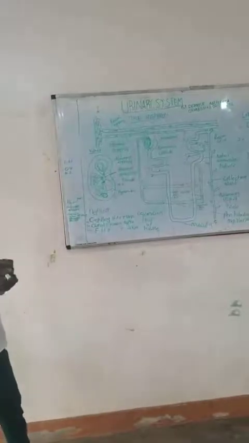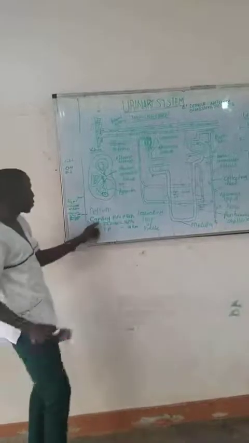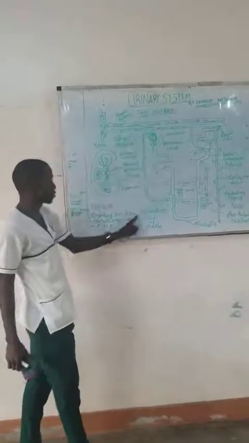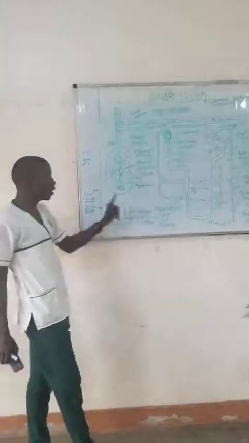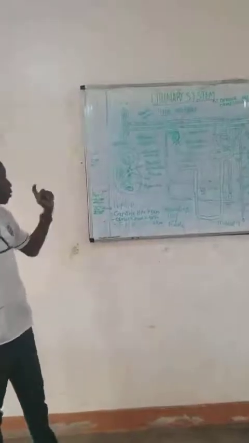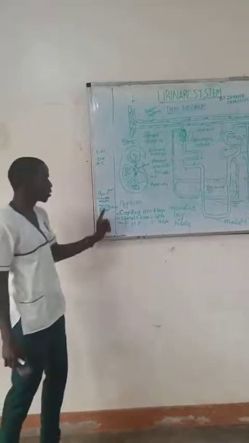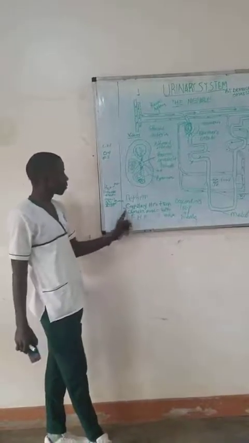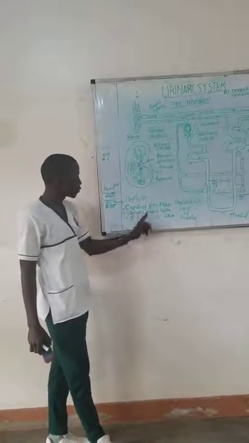Now look at this. We have capillary hydrostatic pressure in the glomerulus of 7.3 kilopascals, opposed by two forces: osmotic pressure of 4 kilopascals and filtrate hydrostatic pressure of 2 kilopascals.